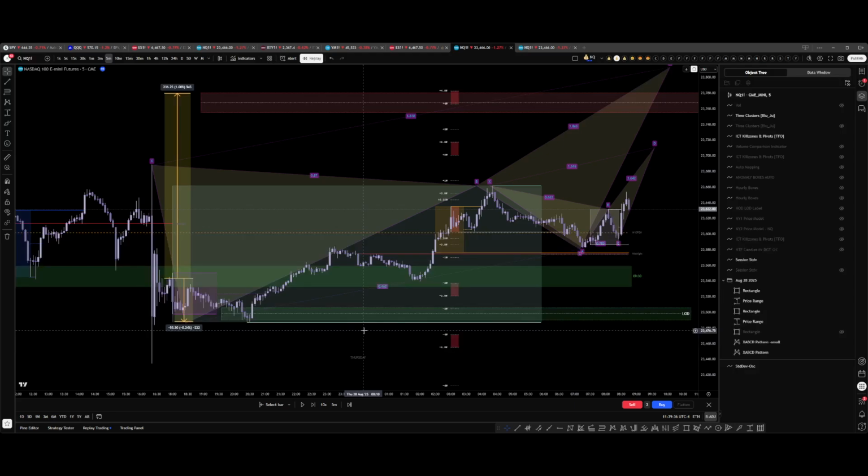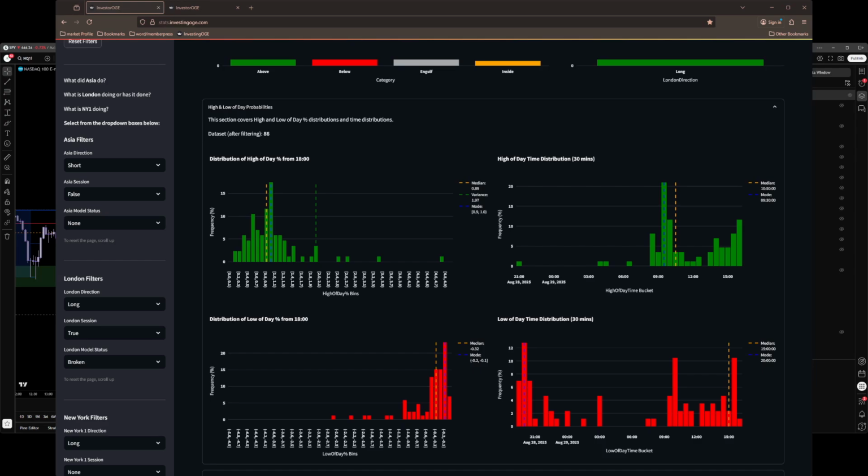If we flip back over and look, it's not too far off, like 8:25, 8:30. So not too bad. It's kind of looking like maybe this would be put in.